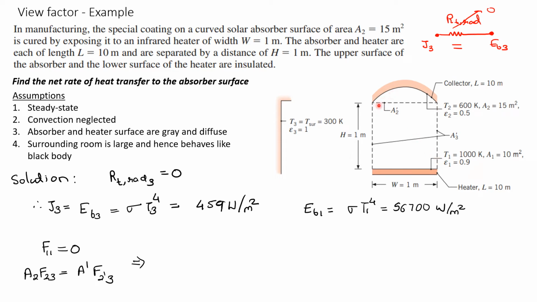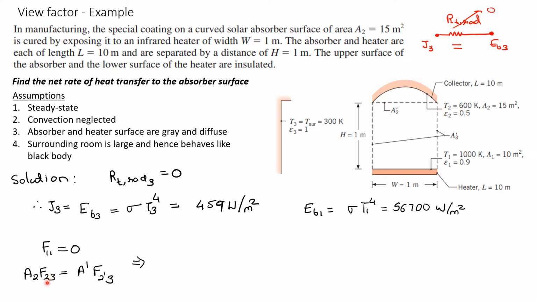So whatever radiation leaves surface 2 and is intercepted by the room, which is our third surface, will pass through this dashed line A3.